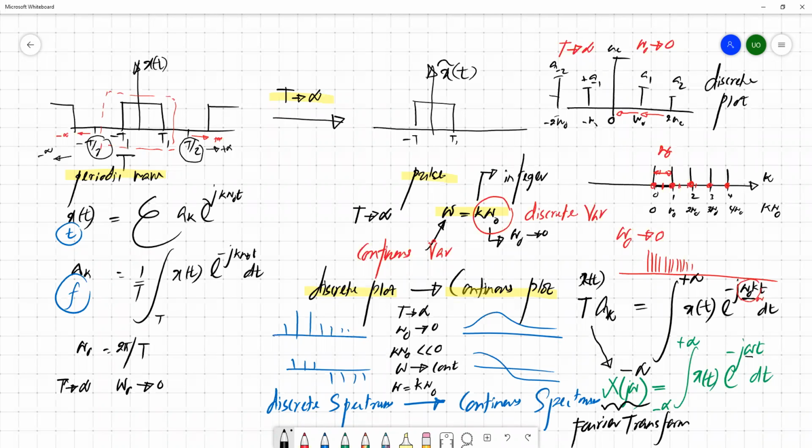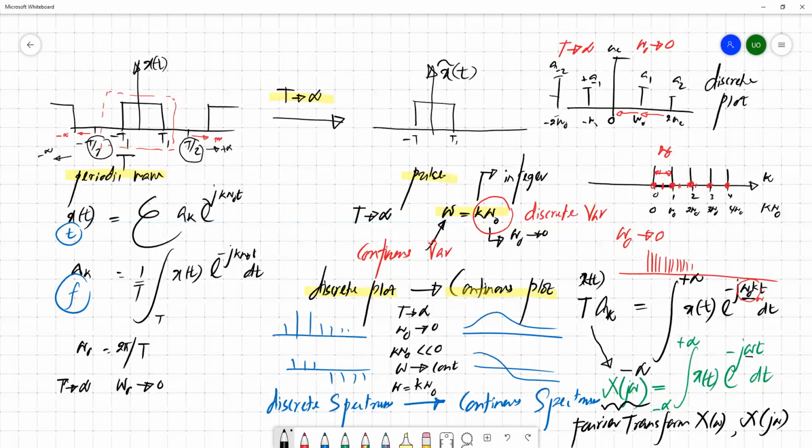You can simply put X of omega or X of j omega, it doesn't matter, both would be fine. So this is the Fourier transform of x(t), and how do you evaluate it? Just take the product of x(t) and e to the power minus j omega t, and integrate over the infinite domain, minus infinity to plus infinity.